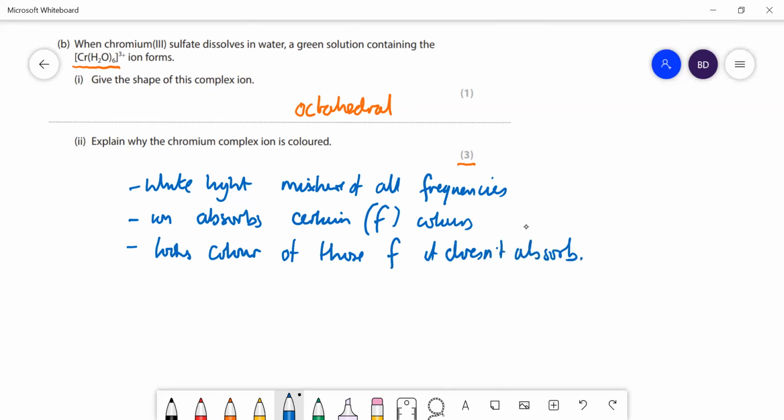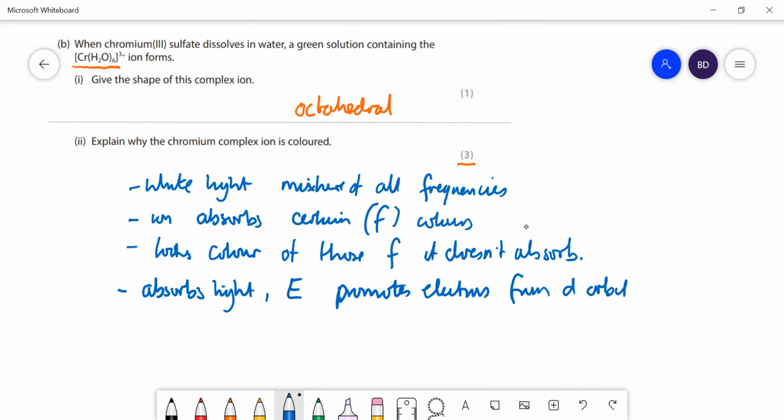Right, why is it absorbing visible light? It's because it absorbs light, and the energy promotes electrons from one d orbital to another. You may say, well, how does that work? Because all the d orbitals have got the same energy.